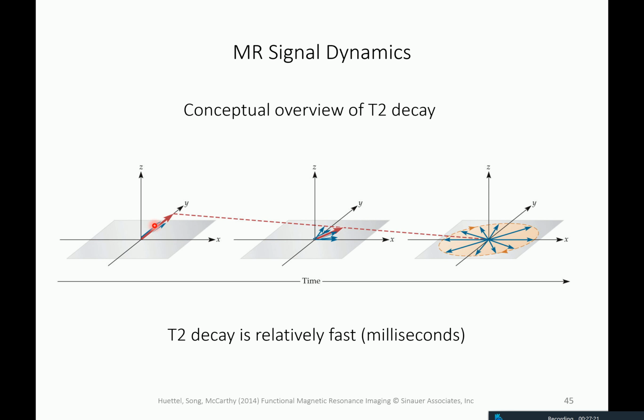What this means at the smaller level is that all these nuclear momenta are in phase at time point 0 and pointing in this direction. Now the idea is they actually lose their phase coherence.